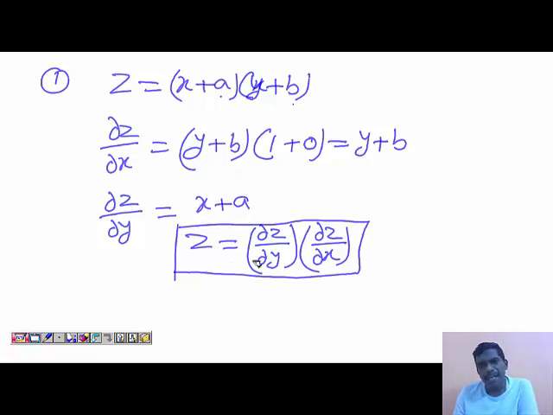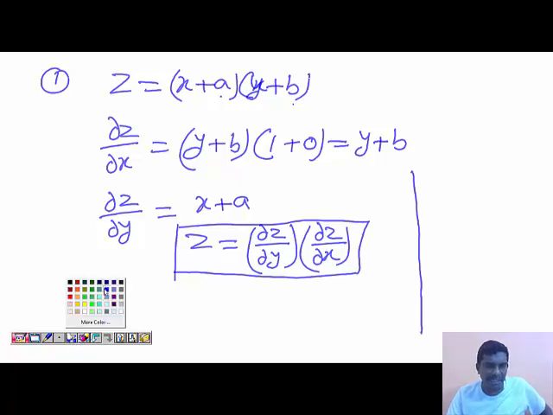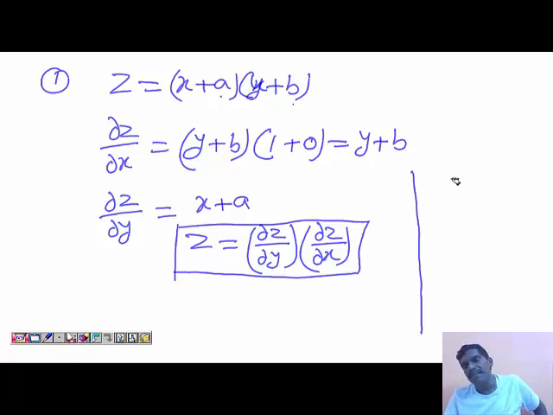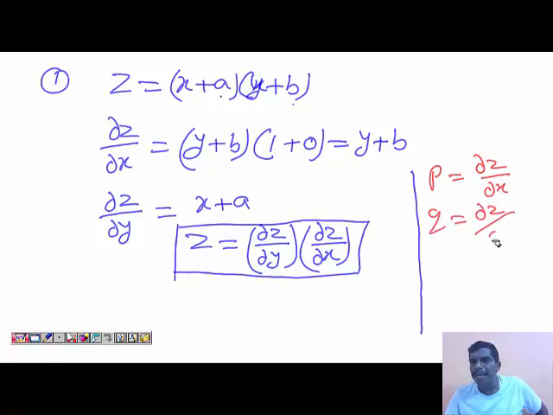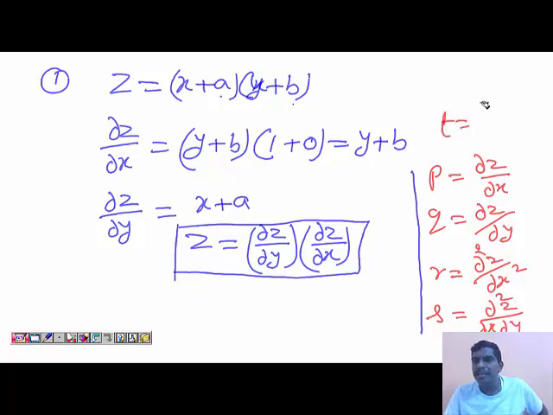Now, this equation can also be represented in terms of notations. Normally we denote the partial derivatives in terms of symbols: p is equal to dou z by dou x, q is equal to dou z by dou y, r is equal to dou square z by dou x square, s is equal to dou square z by dou x dou y, and t is equal to dou square z by dou y square.